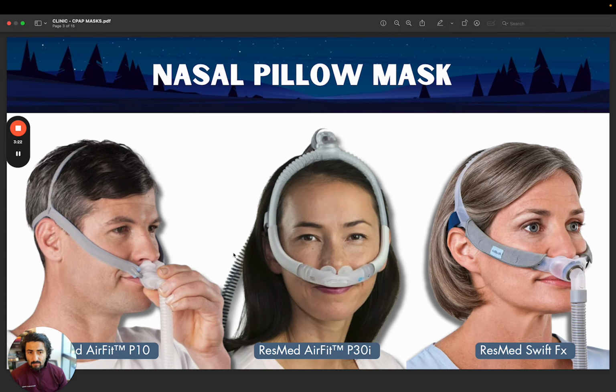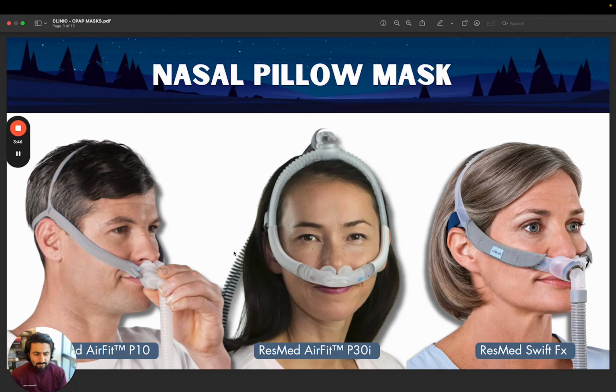The second kind of mask is a little bit more obtrusive. It's called a nasal pillow mask. In this kind of mask, there are these two tiny prongs that sit inside the nose, and these prongs insufflate to help create a better seal. Some people like these masks because it allows one to have a very good seal, but some people don't like them because they feel it irritates the inside of their nose.